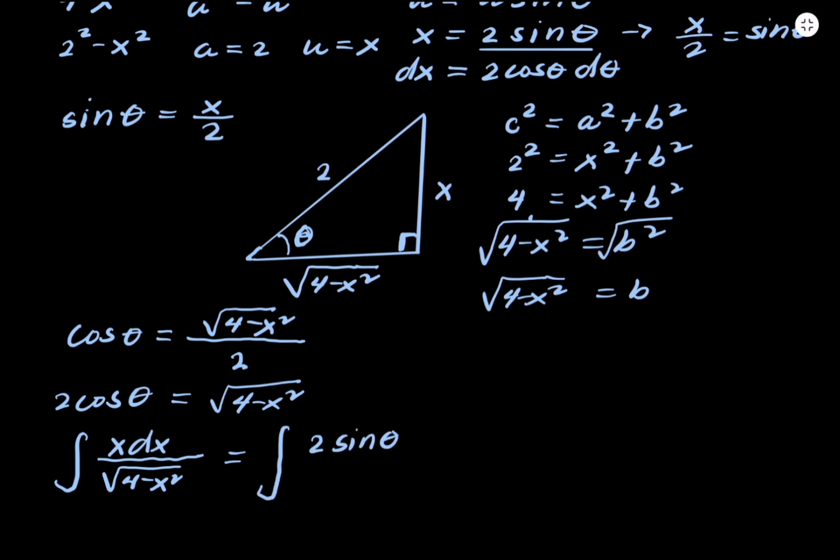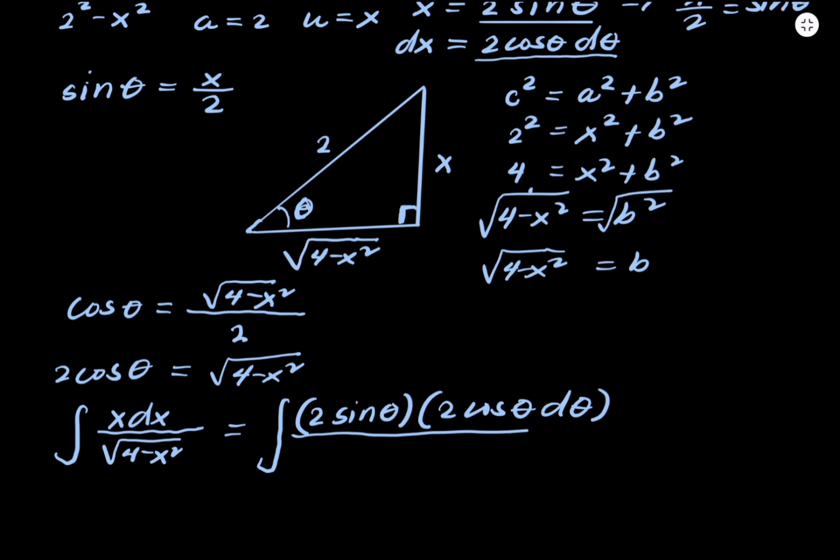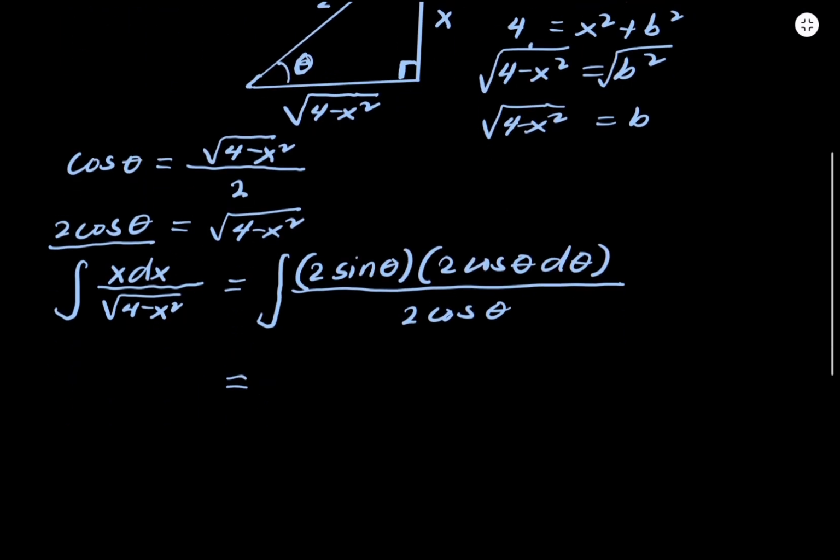What is dx? dx is 2 cosine theta d theta. So we have 2 cosine theta d theta all over the root of 4 minus x squared. And what is the square root of 4 minus x squared? That is equal to 2 cosine theta. Now, we can clearly see that we can cancel 2 cosine theta, right?